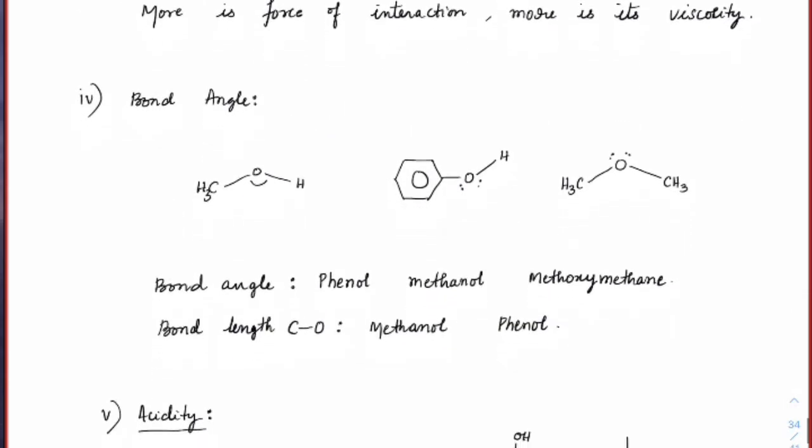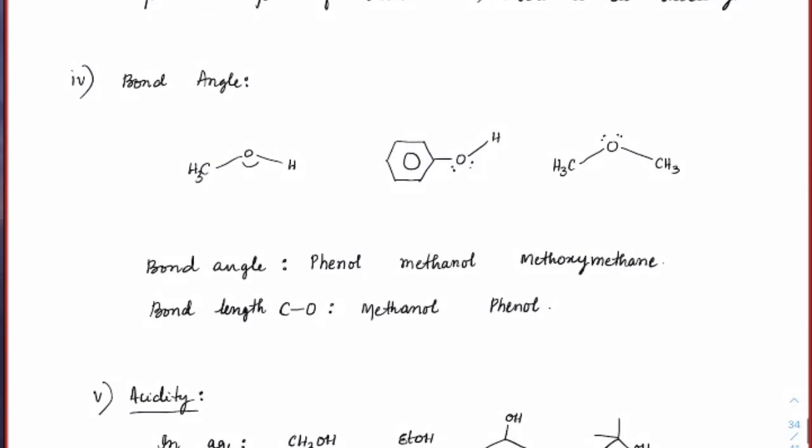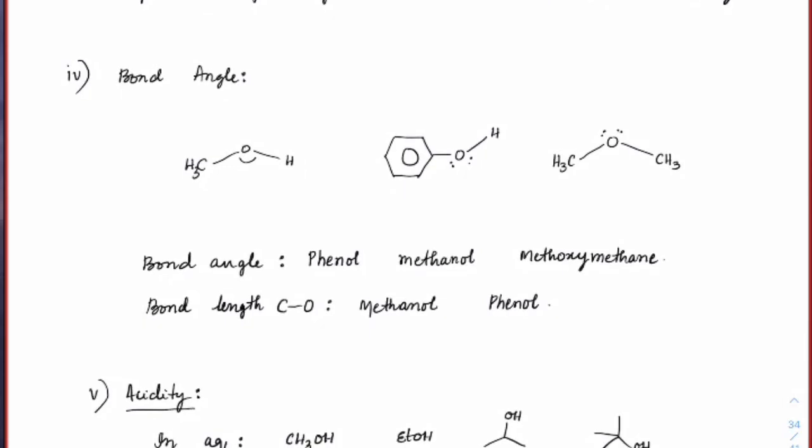Another aspect which is given in NCERT is to compare the bond angle and bond length. If you consider these three groups, one is regular alcohols, phenols and ethers. When you compare all these three functional groups, what you will generally see is the bond length here is around 96 picometer.